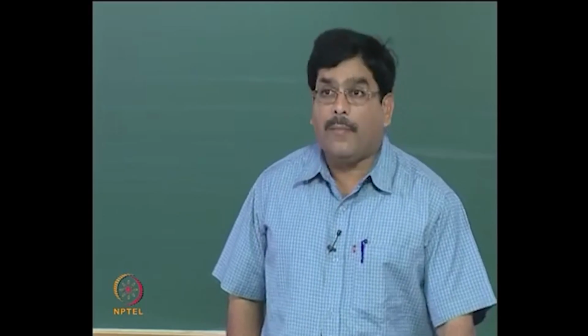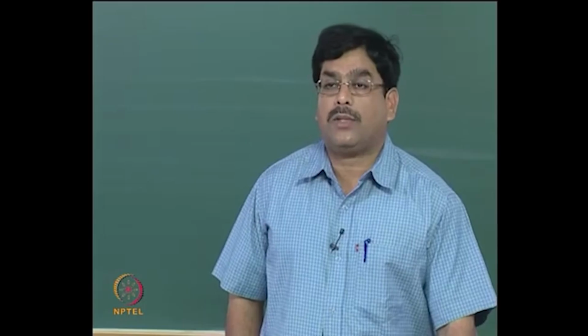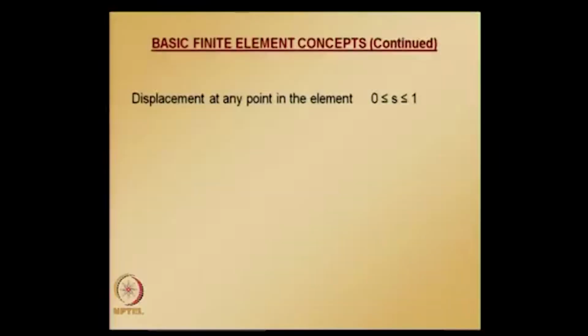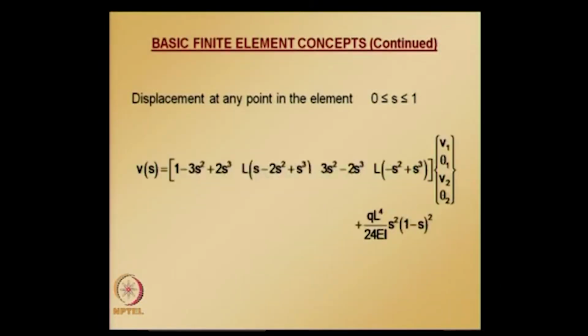So here it goes like this. Displacement at any point in the element has two terms. The first term is nothing but what you do by using the nodal values V1, theta 1, V2, theta 2, and you interpolate using finite element shape functions. To that you are adding the second term.